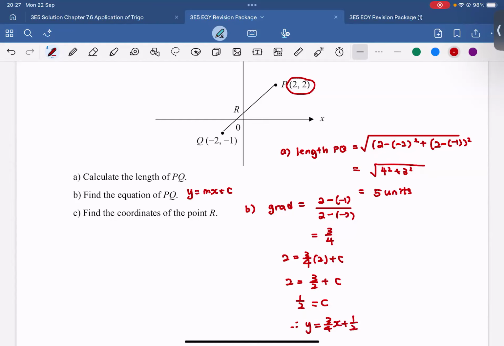How to find our point R? Oh, it's the x equals 0 thing. Jude, how to find R?